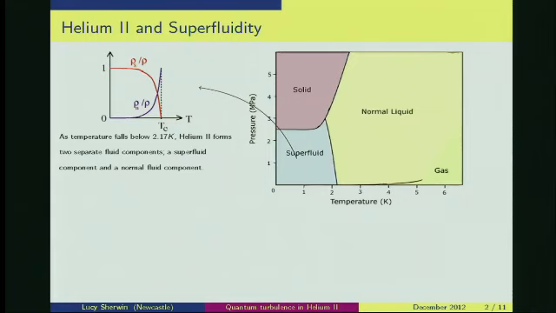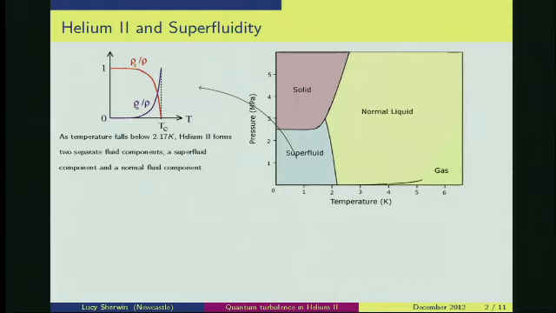I'll just do a little bit of an introduction to some basics in helium-2, and I've prepared a couple of illustrations to demonstrate the principles. On the right here, I've got a representation of the various states of helium. The important part of this phase diagram is the region just above 2 Kelvin.